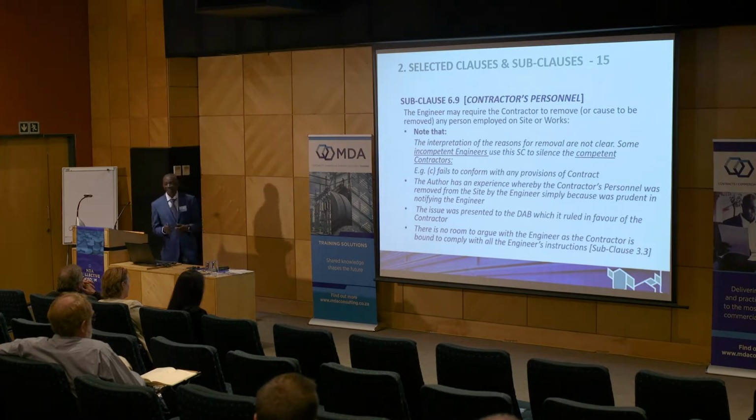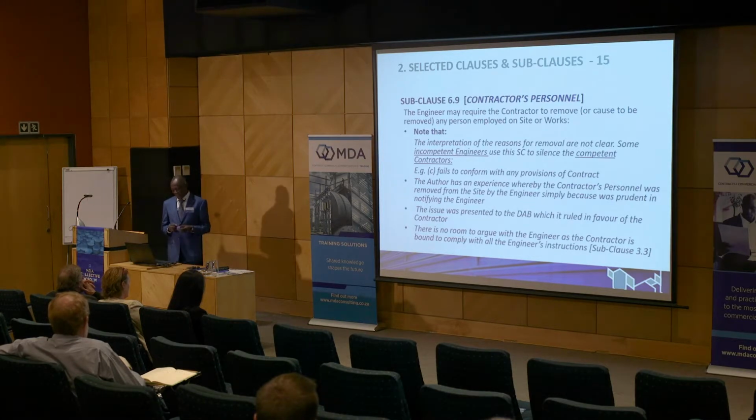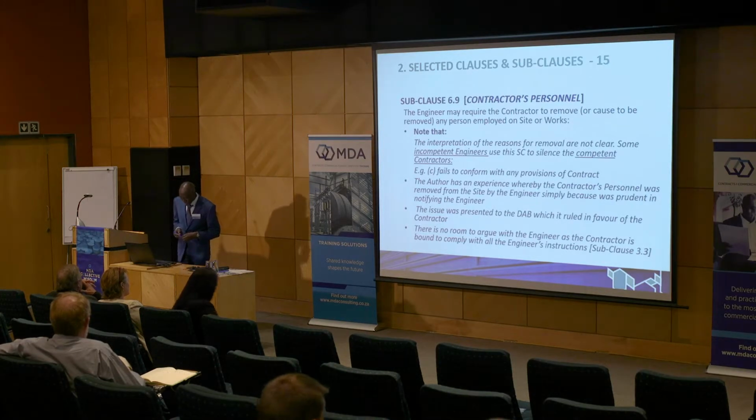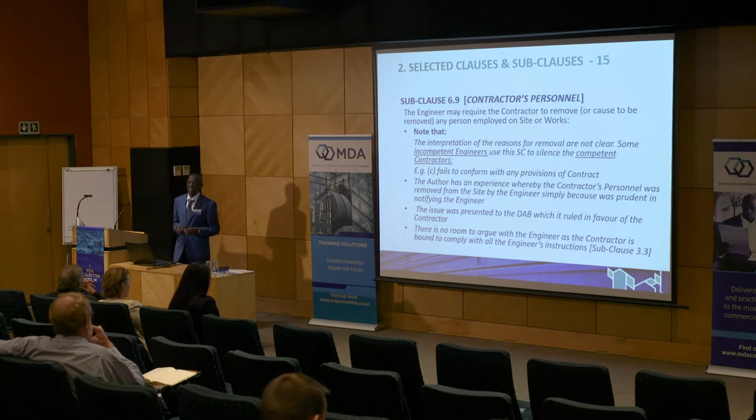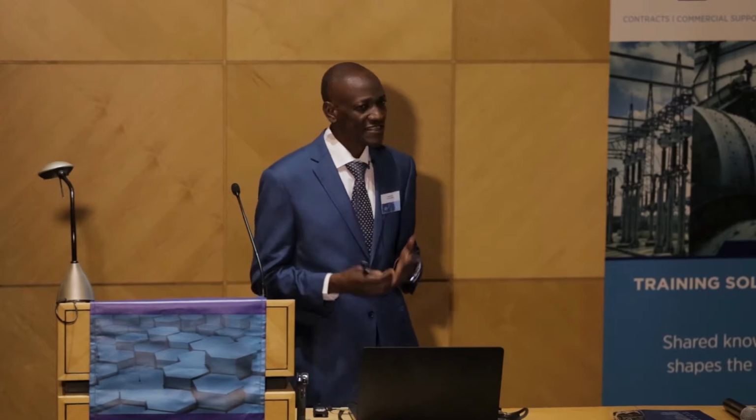Personally, I have experience on one of our projects whereby the contractor's personnel was removed from the site by the engineer simply because he was prudent in notifying the engineer. Notification to the engineer in case of any delay is not a bad thing.